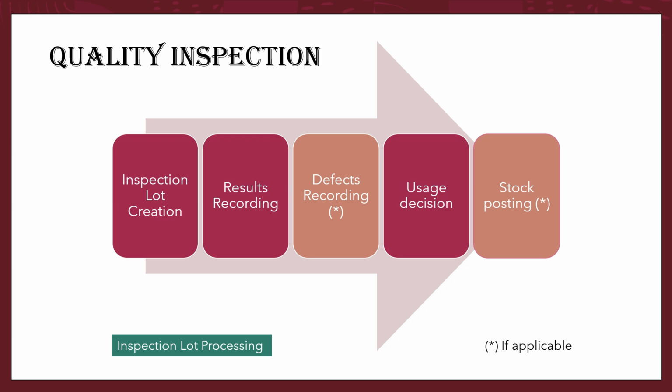The stock posting is a result of this user decision. Okay, so typically, for example, if we use the approved, the normal one, we can define that it's going to trigger the typical movement 321 that will move the quality stock into available stock.